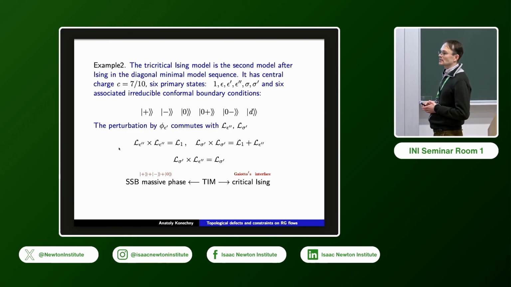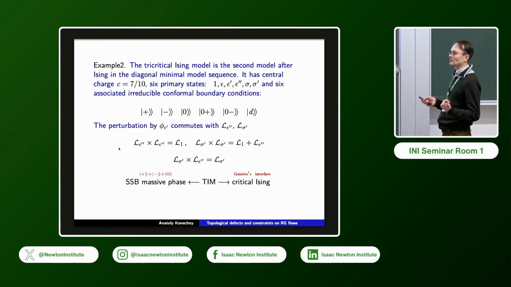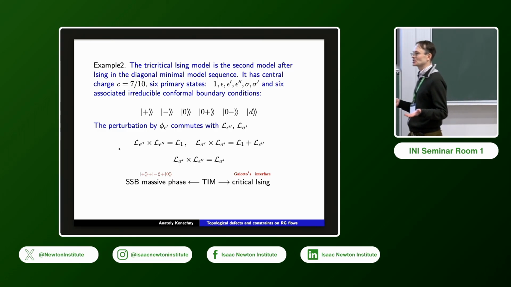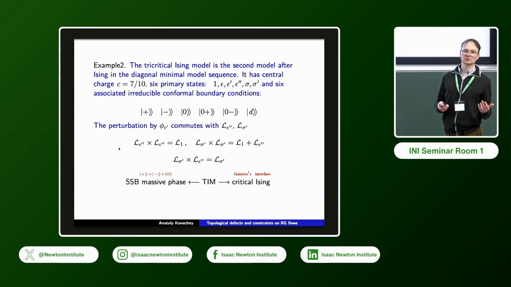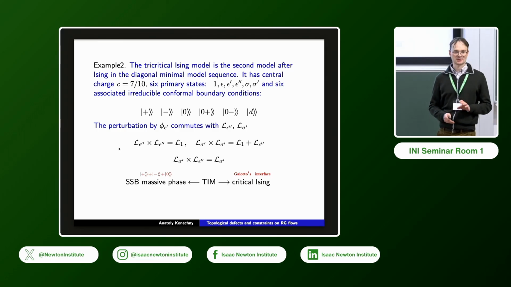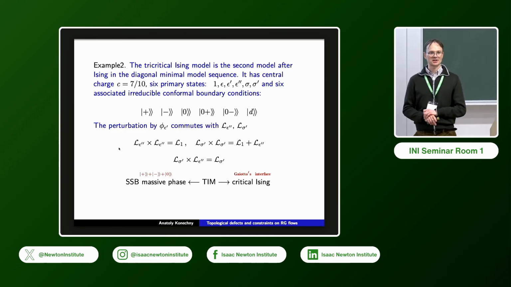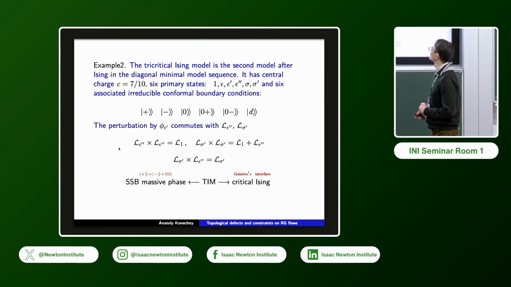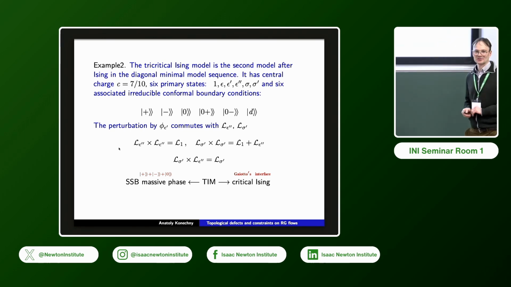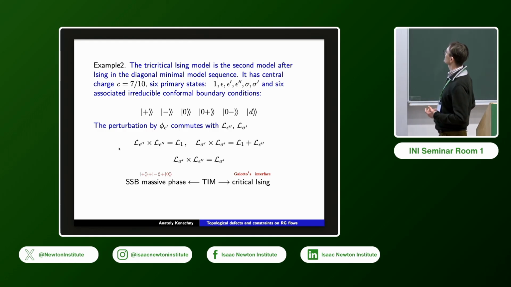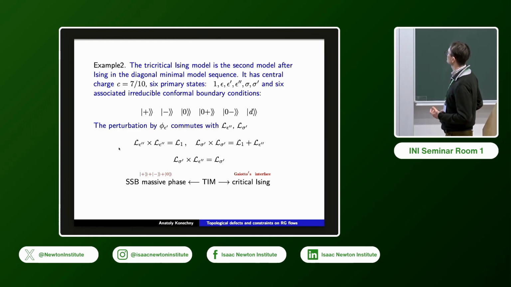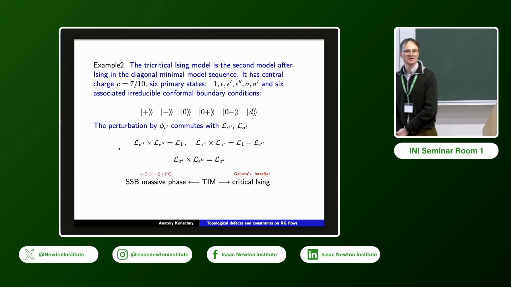So in general, in this business of just using TDLs, I'm not aware of a nice method which would algebraically tell you whether you flow to a massive theory or a massless theory. That's in principle an open question. I think you need some more input. We have some kind of conjecture here of how to select it, but it would be nice to have something like this, just because we have very few examples of conformal interfaces, right?